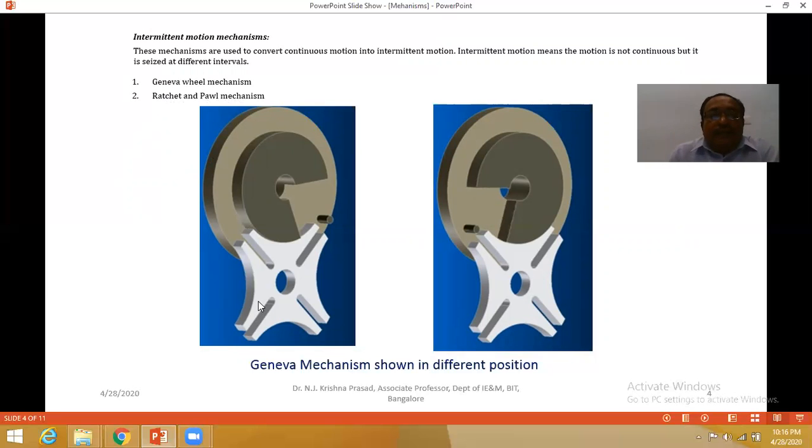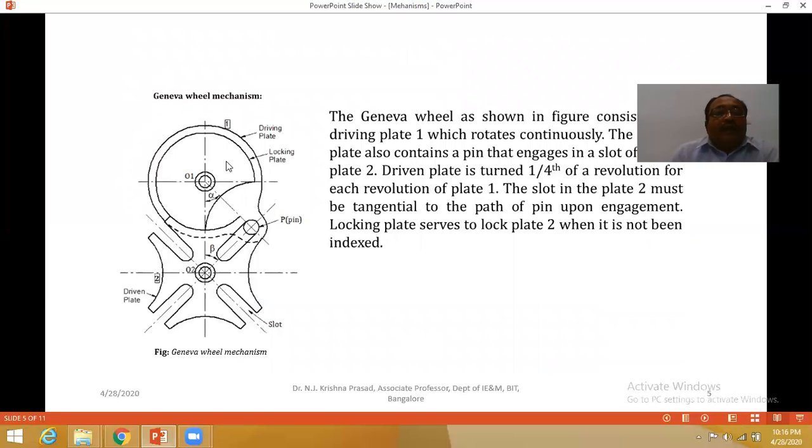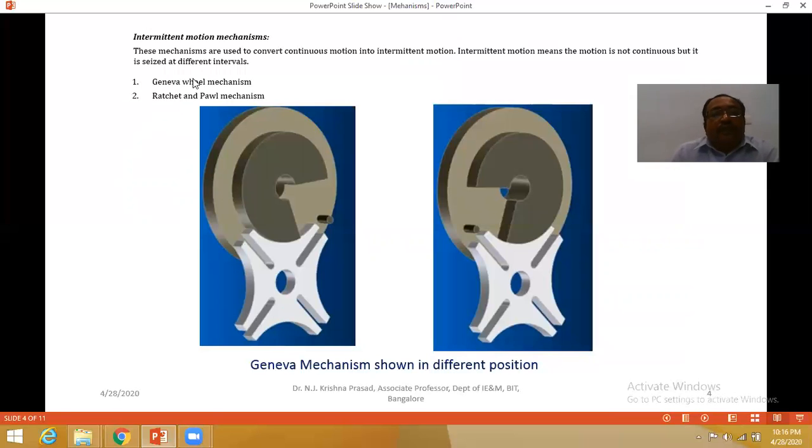Here I have drawn a two-dimensional orthographic projection. We have a driving plate, a driven plate, and a locking plate. Here is the three-dimensional object of the Geneva wheel mechanism for the different positions. The driving shaft continuously rotates, whereas the driven plate is revolved by 1/4 of a revolution.